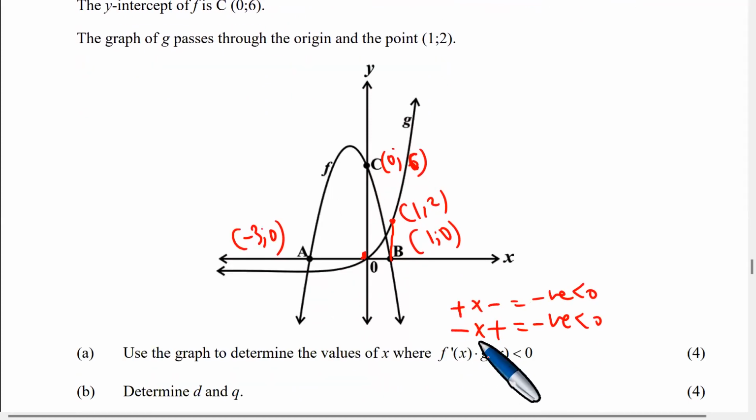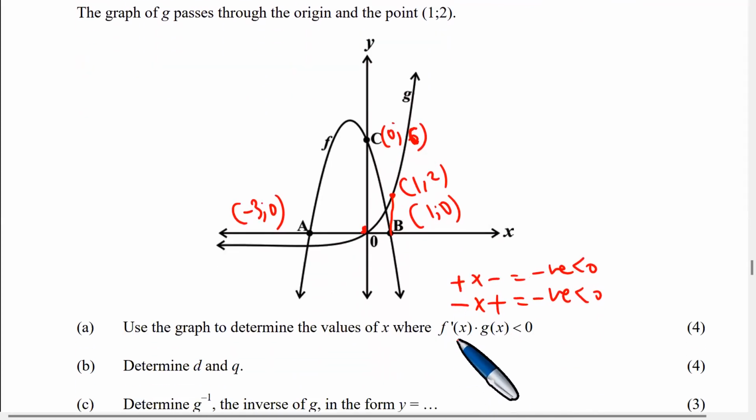Now we're looking at the point where the derivative is positive first or negative. Let's look at the derivative of the function f, this one. A positive derivative is going to be here. We're looking at the derivative and the function g is negative. So here the slope is positive, but the function g is negative.